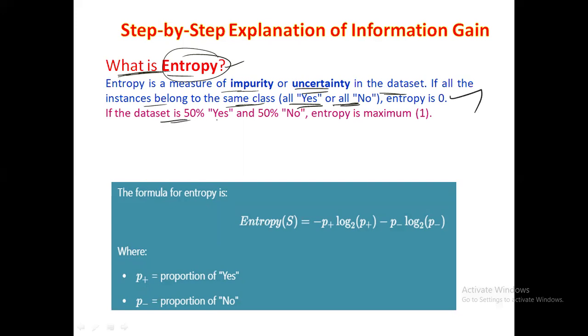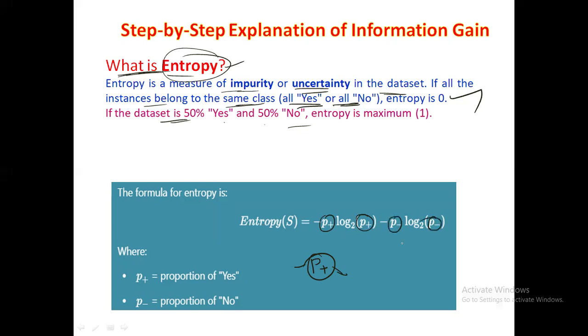If the data set is 50% yes, 50% no, the entropy is the maximum value, 1. The formula for entropy is: Entropy of S equals minus p plus log 2 of p plus, minus p minus log 2 of p minus.